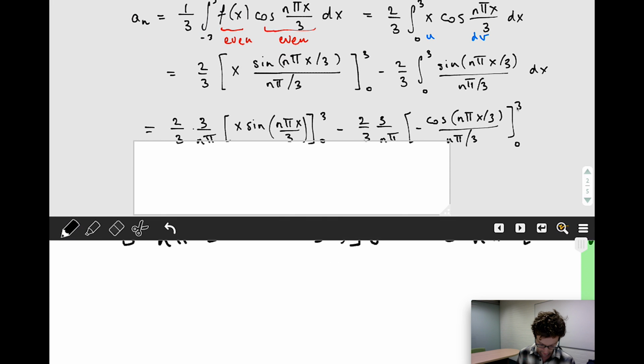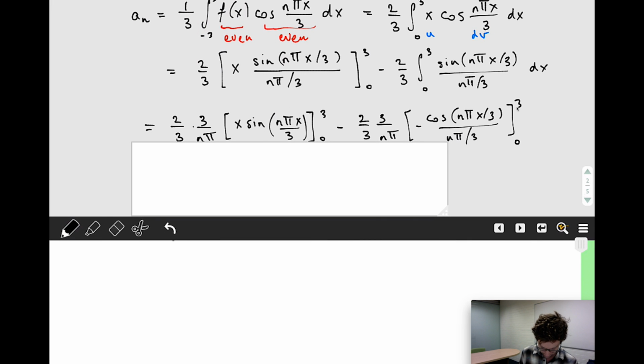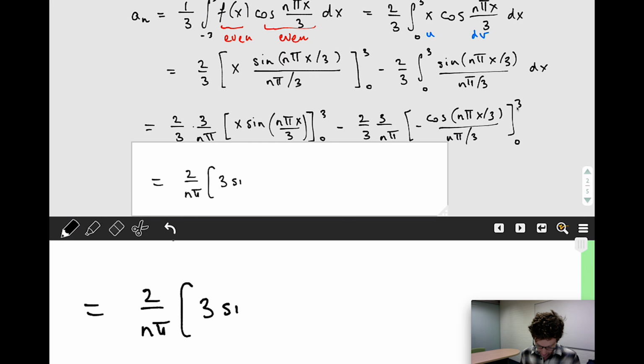So put in the values of x now. We've got 2 over 3 times 3 over n pi, so it's going to be 2 over n pi. I've got 3 sine n pi times 3 divided by 3, so that 3 will cancel this 3. Minus, when I stick in x equal to 0, I'll get 0 here.